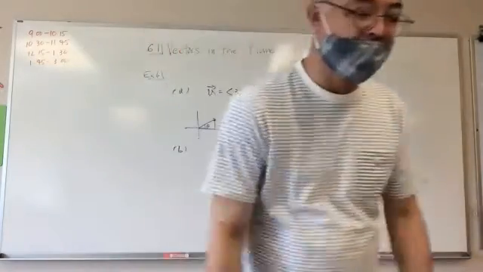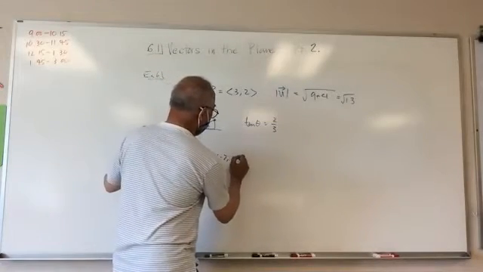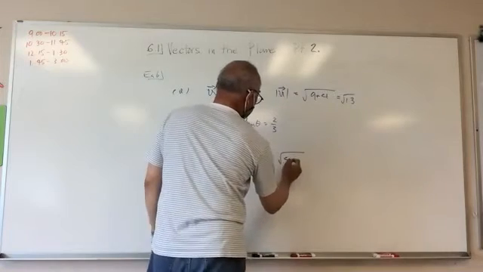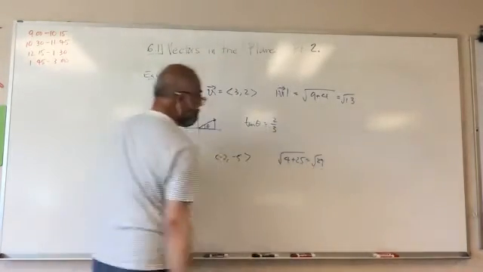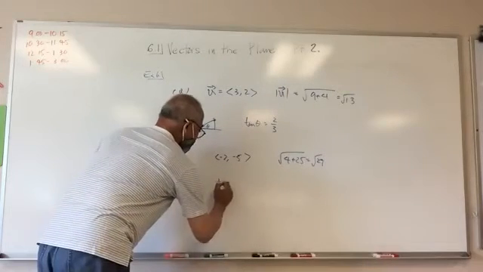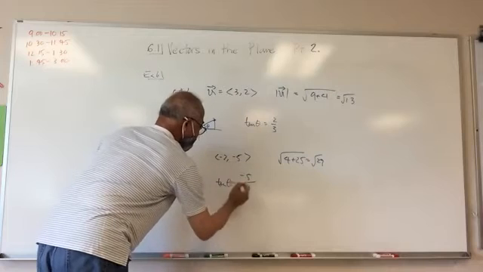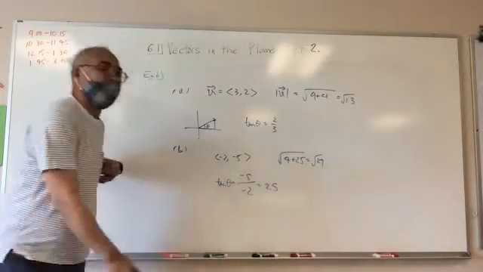B, (-2, -5). So the magnitude of this is going to be 4 plus 25, square root of 29. The tangent of theta is going to be this guy divided by this guy, 2.5.